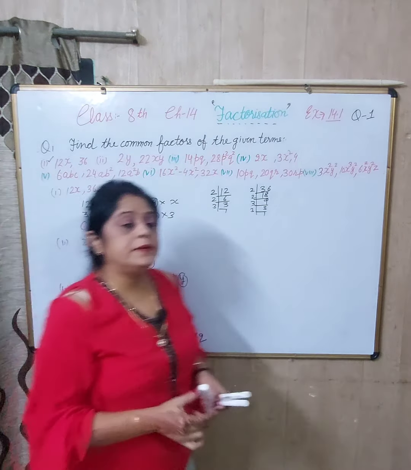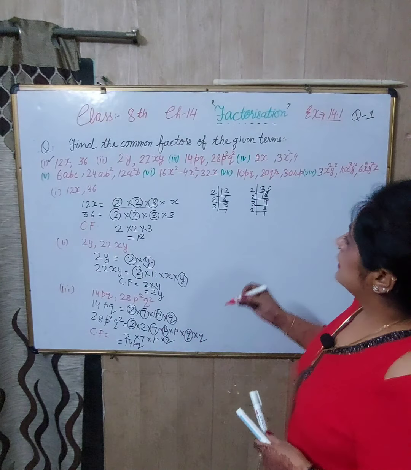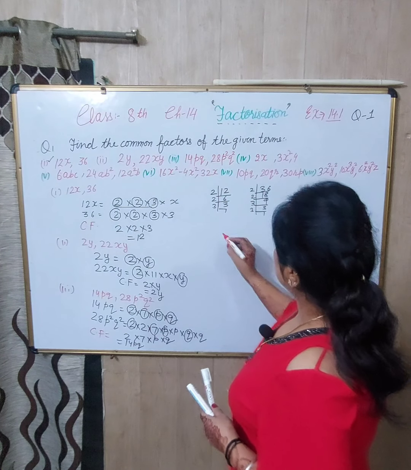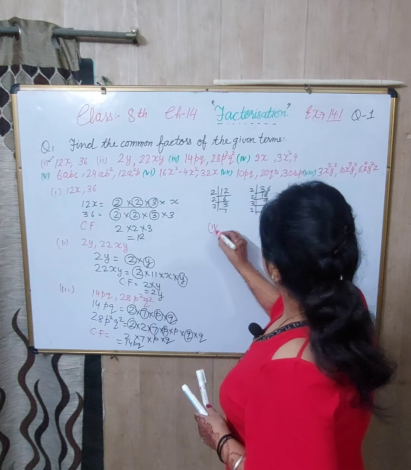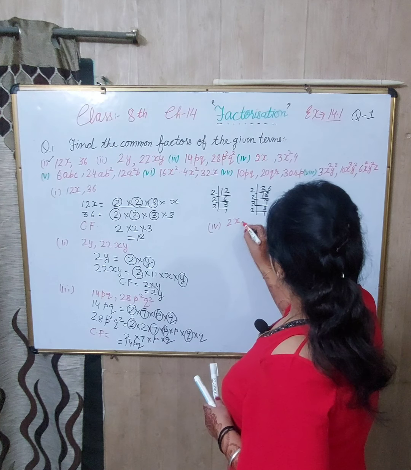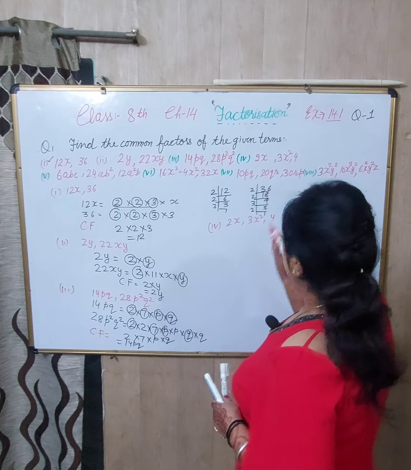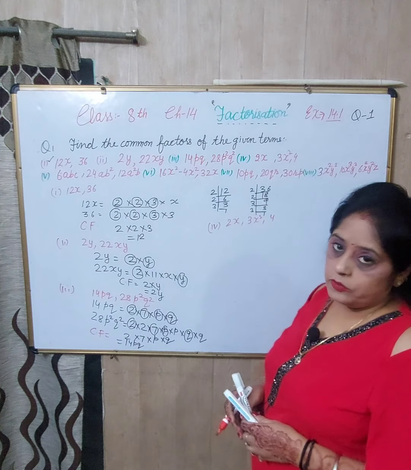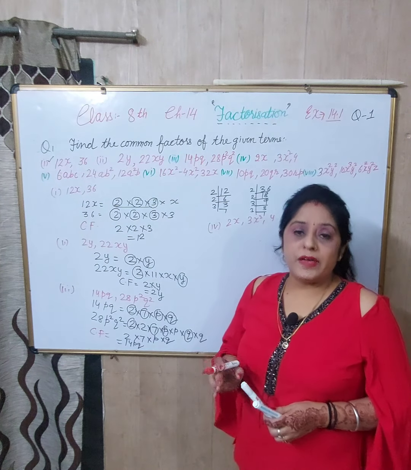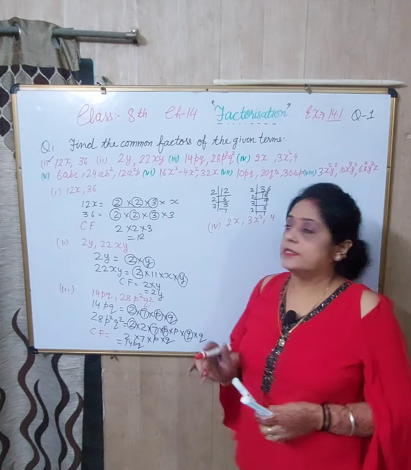Now next part. We have done up to the third. Now fourth part: 2x, 3x square and 4. Now three terms are there, so we have to take the common factor which is common to all three terms.